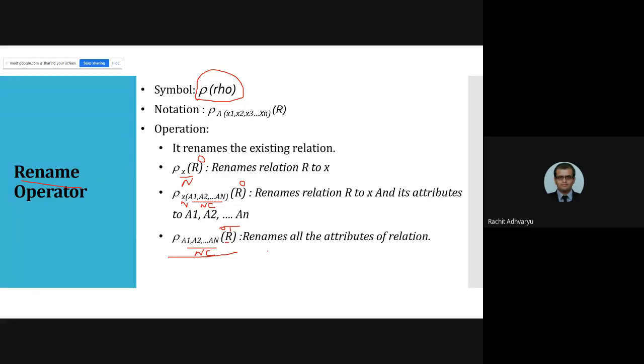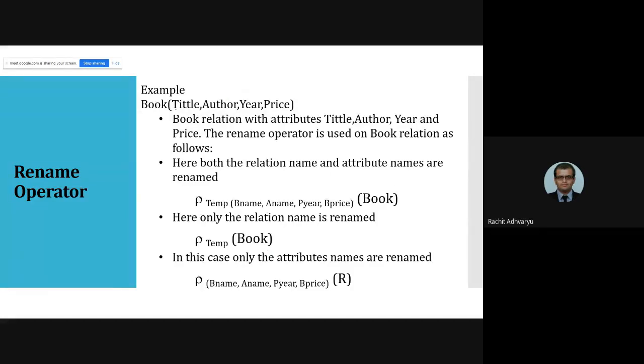Let's see examples. There is a book table with title, author, year, and price. These are the 4 columns. Here I have taken the symbol rho, and the new table name is temp.